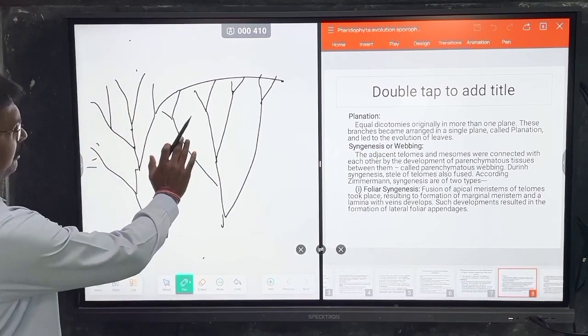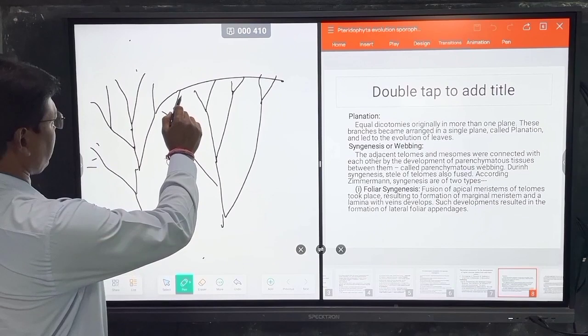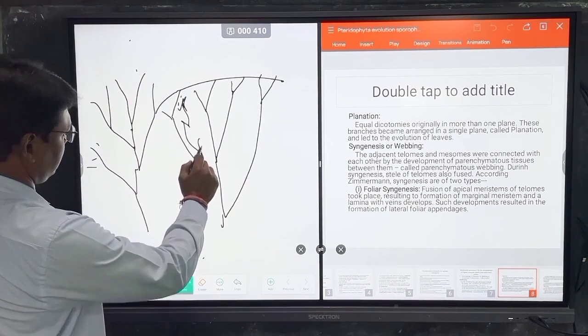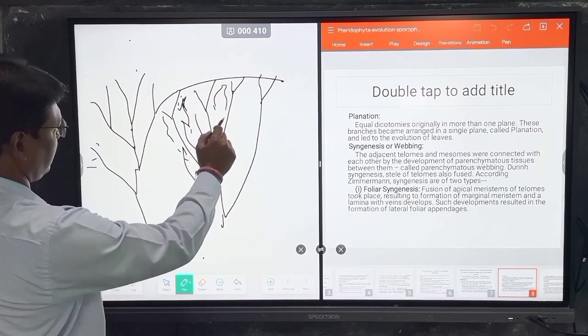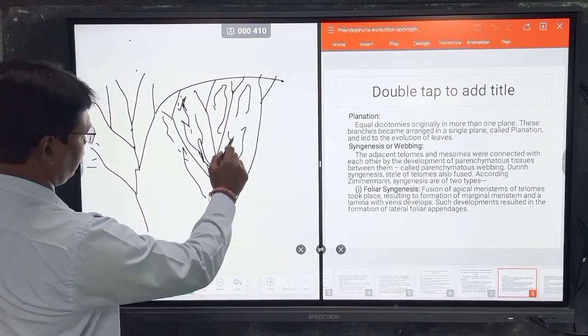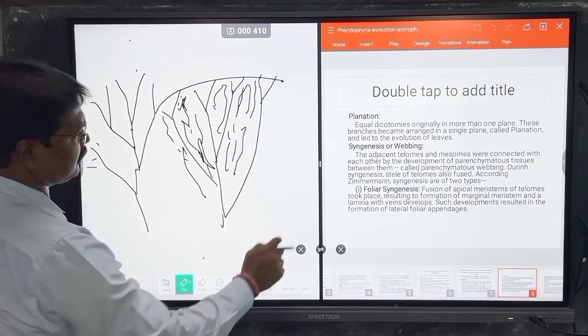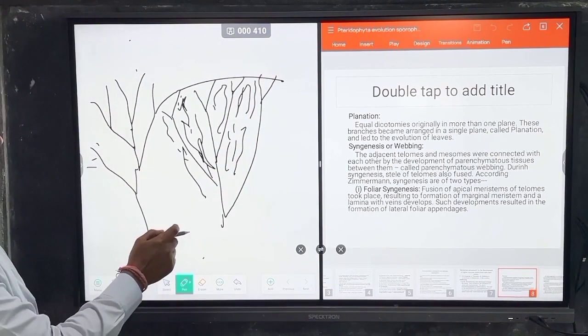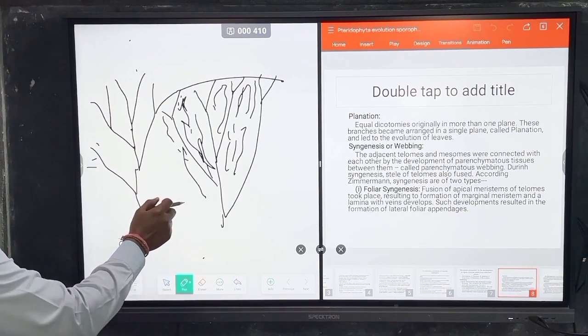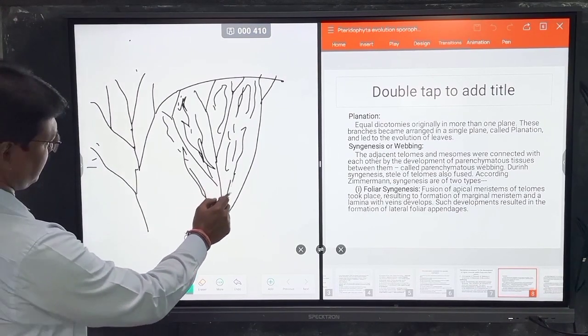Then here, actually, what happened? The parenchymatous tissues are developed in between the telomes. So the adjacent telomes and the mesomes were connected with each other by the development of the parenchymatous tissues, and this is actually called syngenesis.